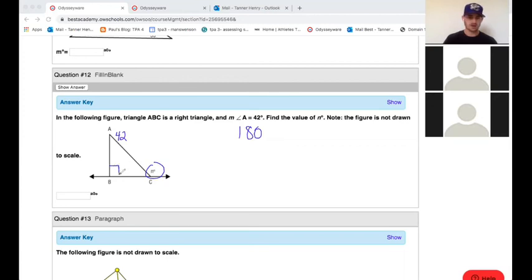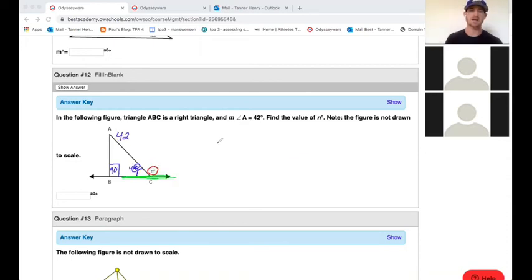So it's a right. So what, Elijah? What degree is that right there? 90. Yeah, exactly. So now, what's 90 plus 42? 132. Yeah, and we just subtract. And then n equals, calculators, 84. I mean 48. 48, perfect.